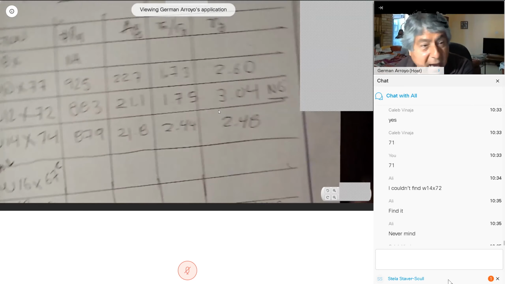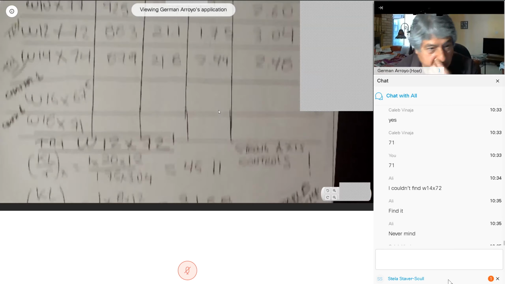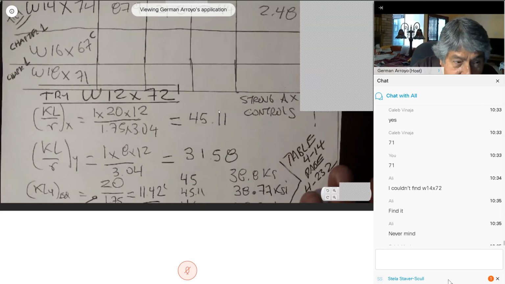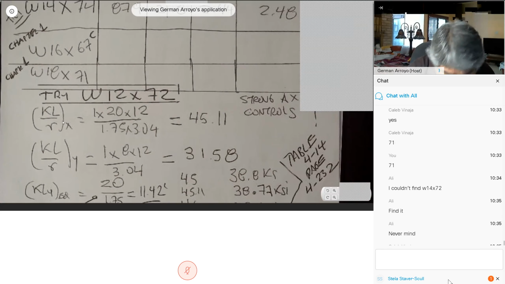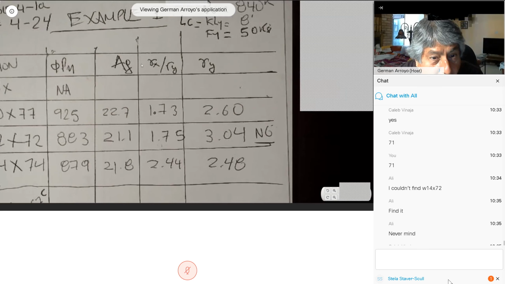So I'm checking a W12 by 72. It has to be in inches. I repeat, it has to be in inches. Otherwise, it's going to tell you it's stronger than it is. KL over Rx, 1 times 20 feet times 12. This is the value given here on the top, Rx over Ry times Ry.